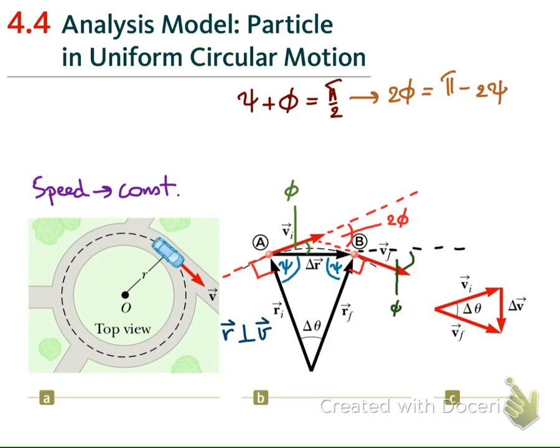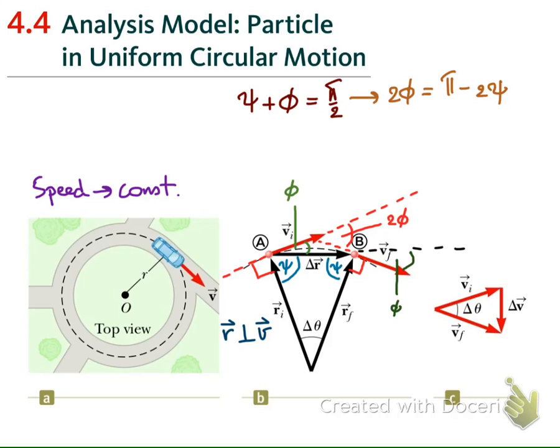Okay, now if we look again at this triangle, this triangle Ri, Rf and delta r, you can see that if we add this angle with this angle and with this angle, the total angle inside a triangle must equal to pi.